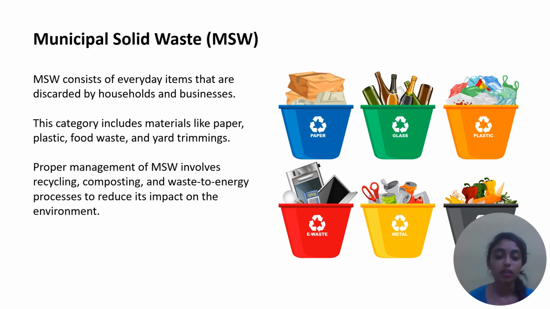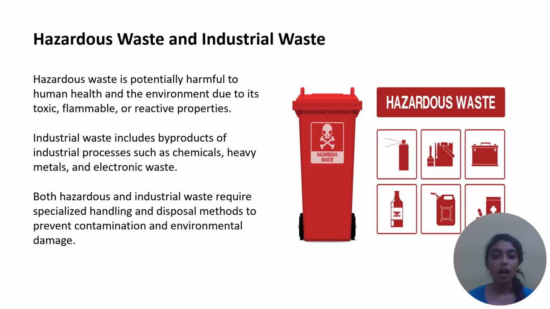Municipal solid waste, MSW. MSW consists of everyday items that are discarded by households and businesses. This category includes materials like paper, plastic, food waste and yard trimmings. Proper management of MSW involves recycling, composting and waste-to-energy processes to reduce its impact on the environment. Hazardous waste and industrial waste.